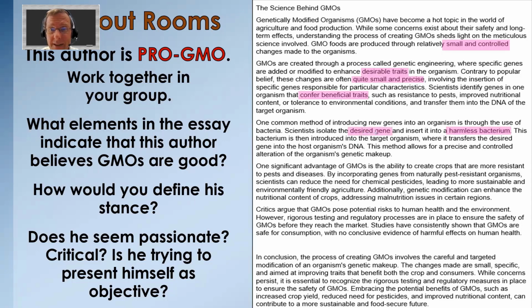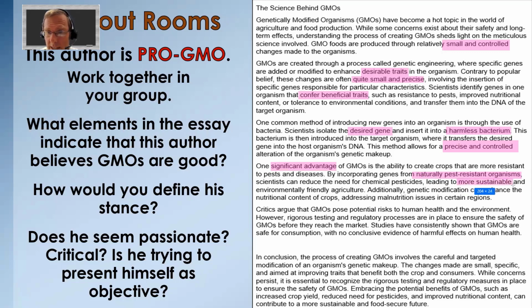Desired has a positive connotation. Okay. Again, precise and controlled. A significant advantage. Okay, naturally pest-resistant organisms. So again, that word natural, we're showing this isn't that different than what nature intended.